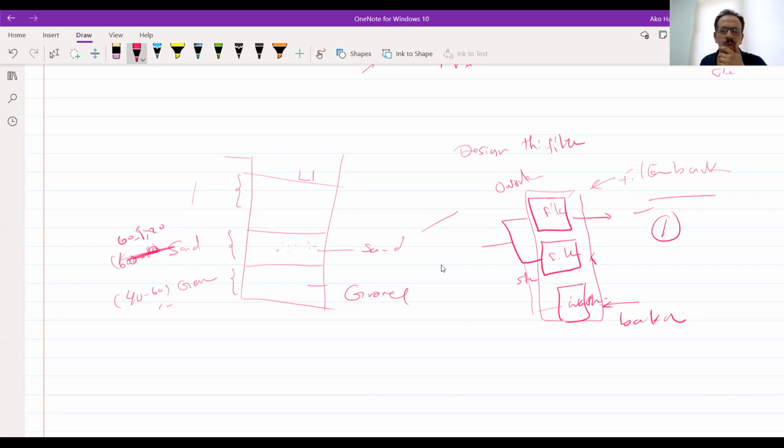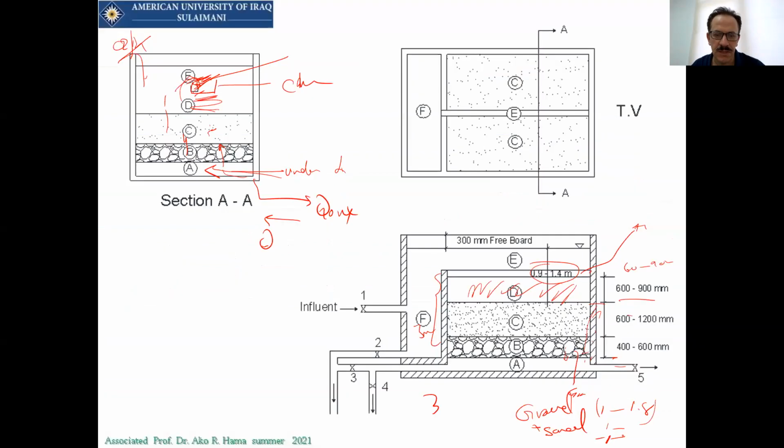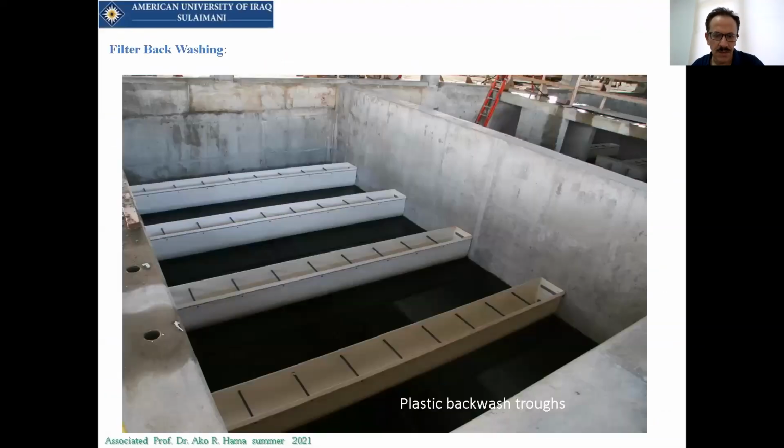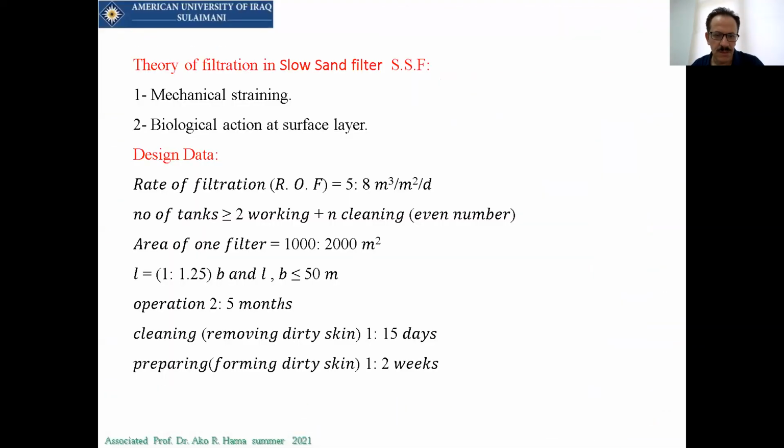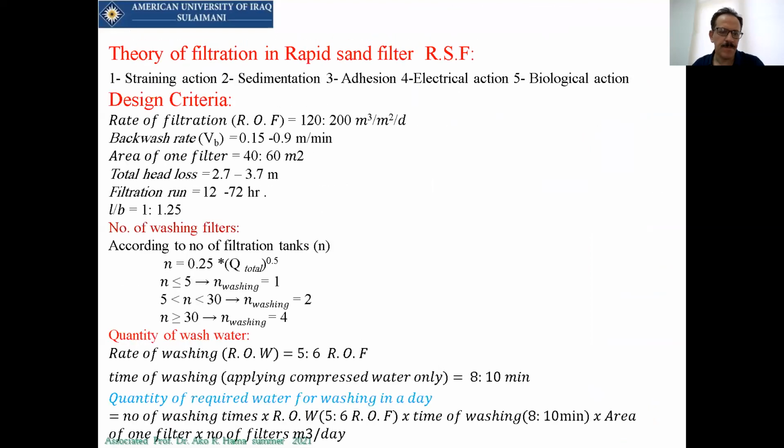So the number of filters should follow this, and I will give you a rough empirical equation. There is an empirical equation that gives the number of filters required, and this equation comes from experience. Here is the number of filters.